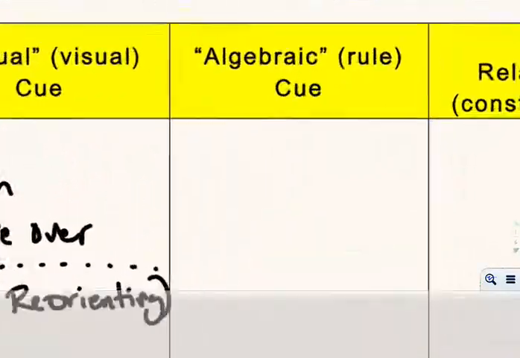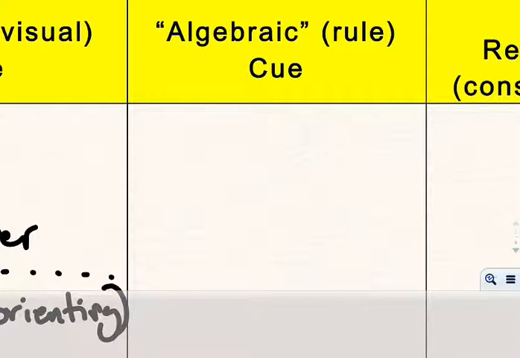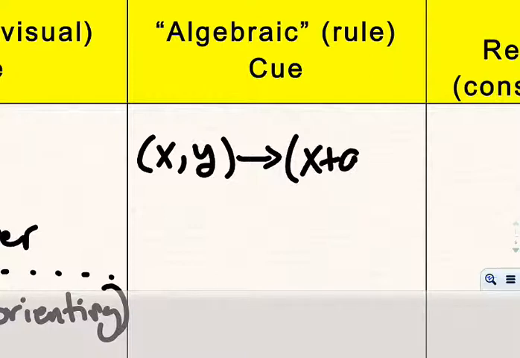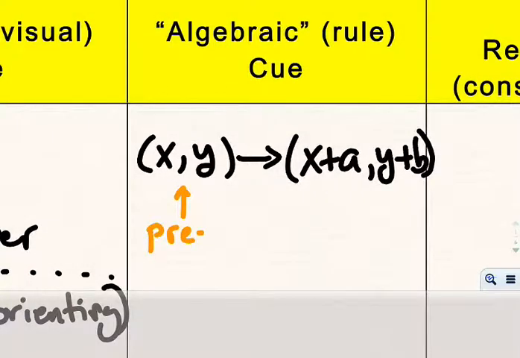The algebraic rule, the Q. This one has the best generalization of a rule. I have this pre-image and I'm taking it to this image by affecting X by some addition and then affecting Y by some addition. The way this is going to end up looking is that this right here is going to be your pre-image. Okay.